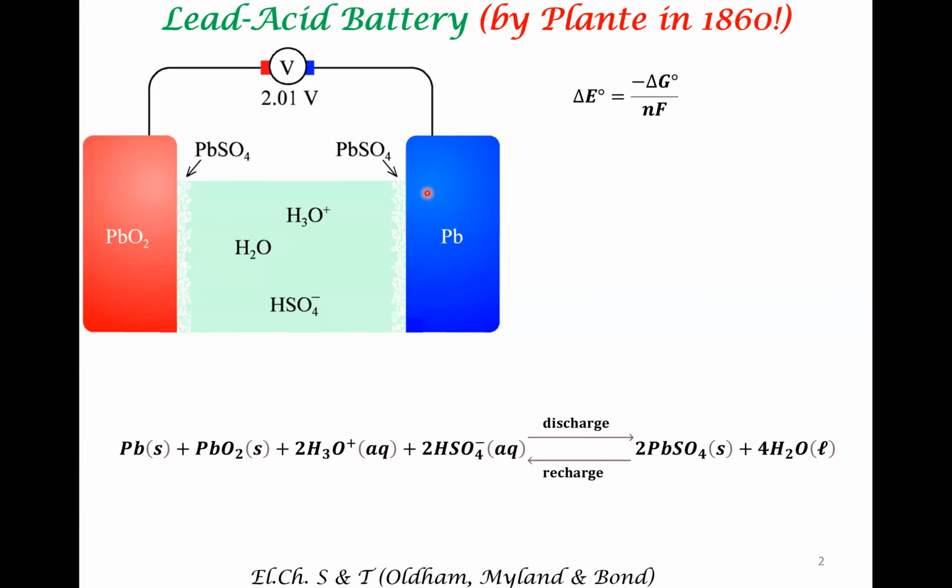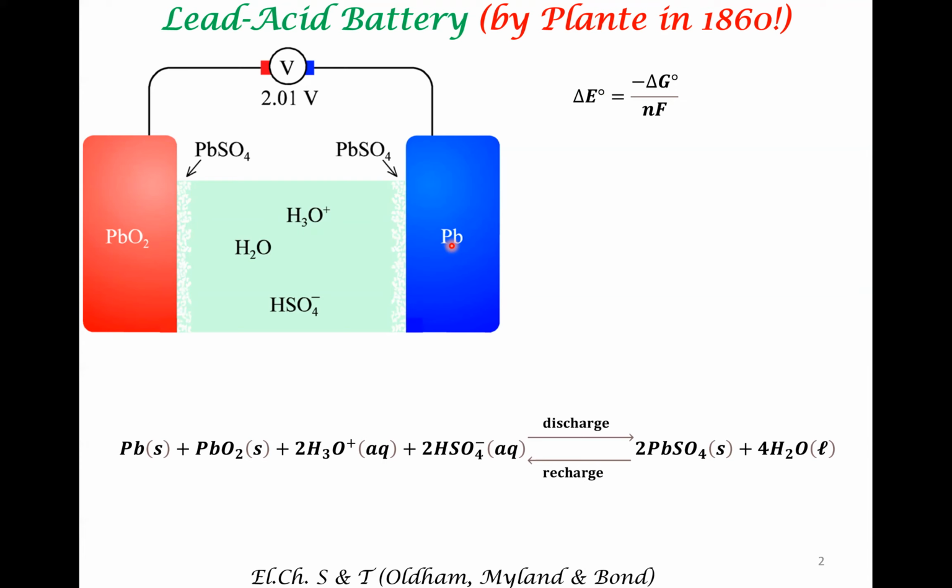It has two electrodes, positive electrode and negative electrode, which indicates the direction of conventional current. In this case, it is lead and lead dioxide. Note here, lead is in +4 state, and here lead is in 0th state. I'm referring to the oxidation number.